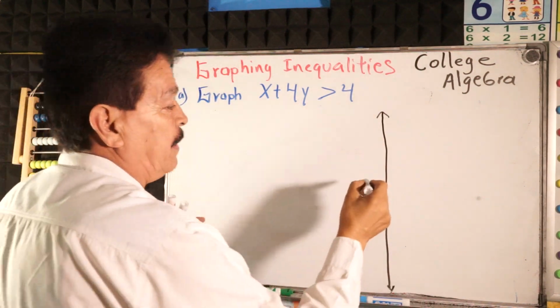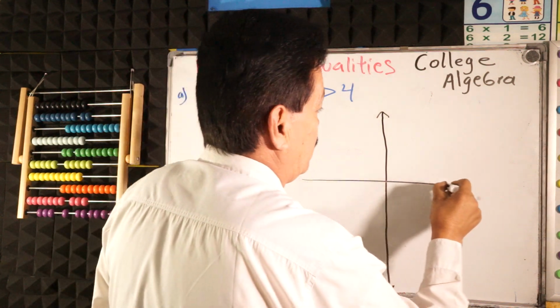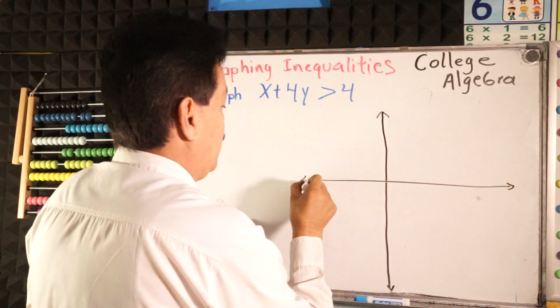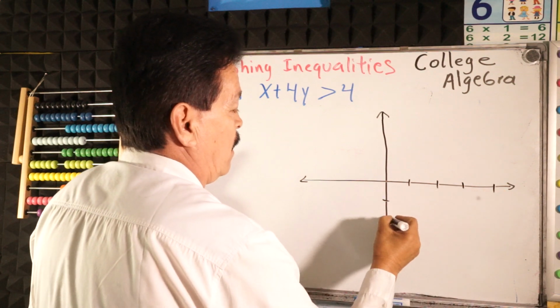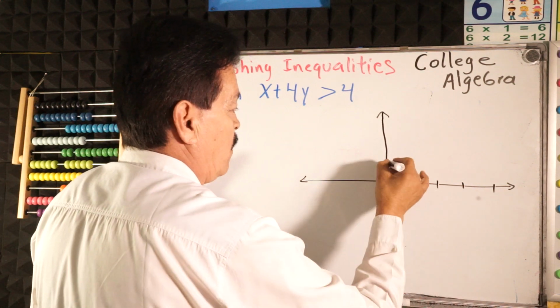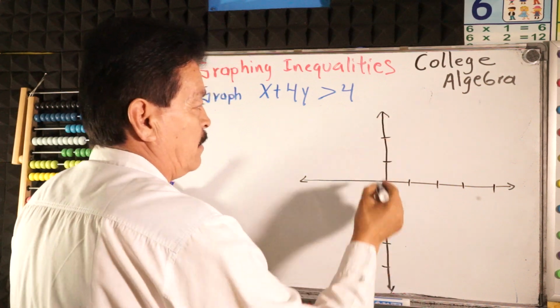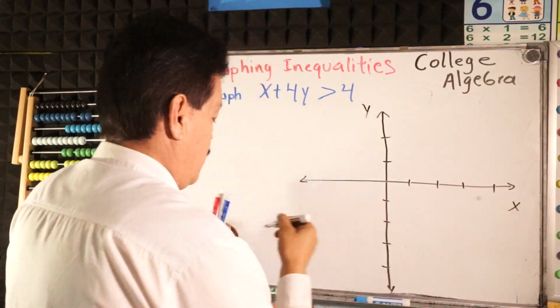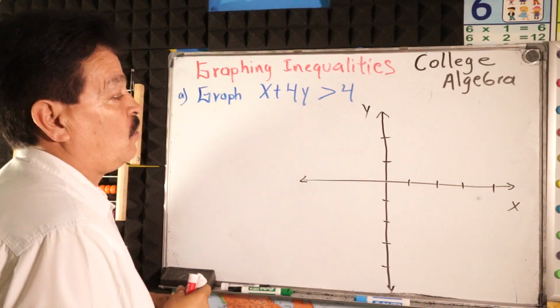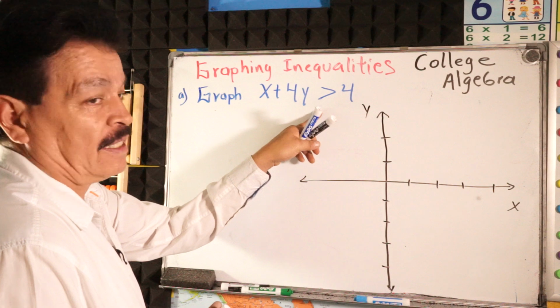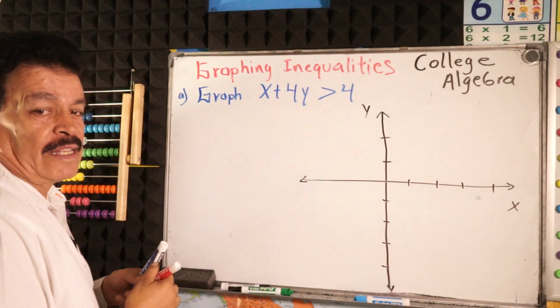All right. I will select any point. 1, 2, 3, 4. 1, 2, 3, 4. This is y, this is x, and then I will graph this. First, I told you we need to do the first step, draw the graph.